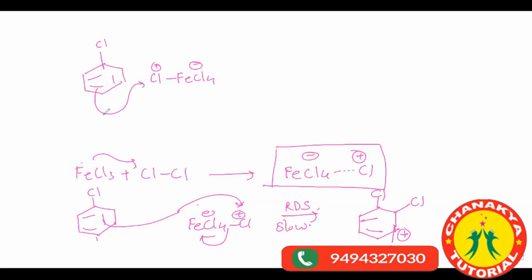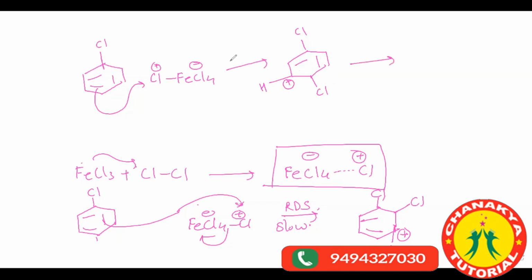Now what happened here? Attack would happen and you'll get the para derivative. I'll let you know how. Your intermediate would form here. Your Cl would come at this place and it becomes electropositive, and here hydrogen is present. Clear?